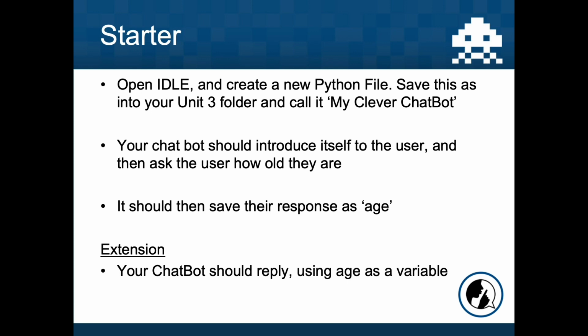If you're unable to download anything on your own PC and install it, just jump on the website from the description below. I'd like you to create a program that introduces itself to the user, so says hello and says its name, and then it asks the person how old they are. I'd like it to save their response as a variable called age, and if you'd like as an extension, it could maybe give some form of reply.